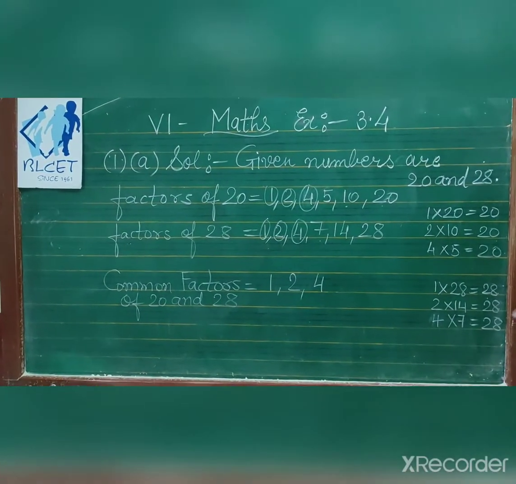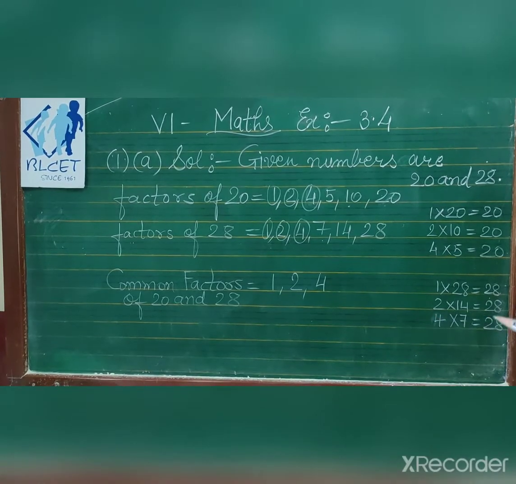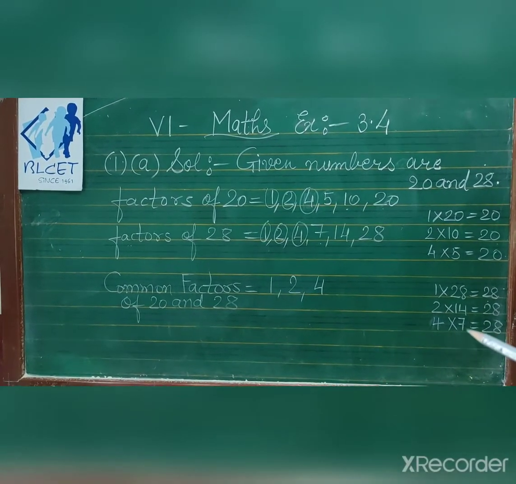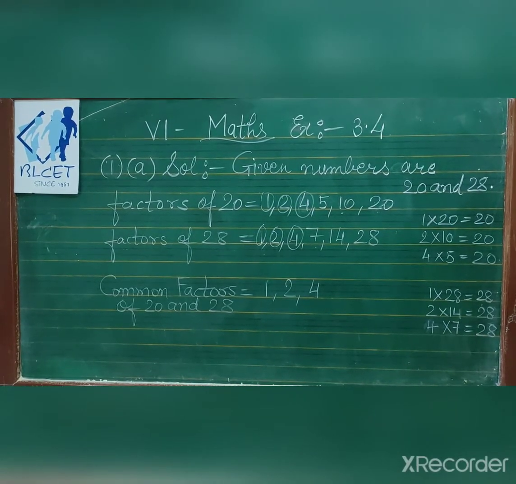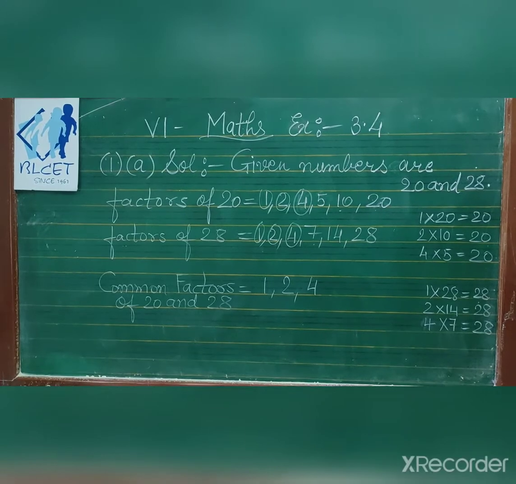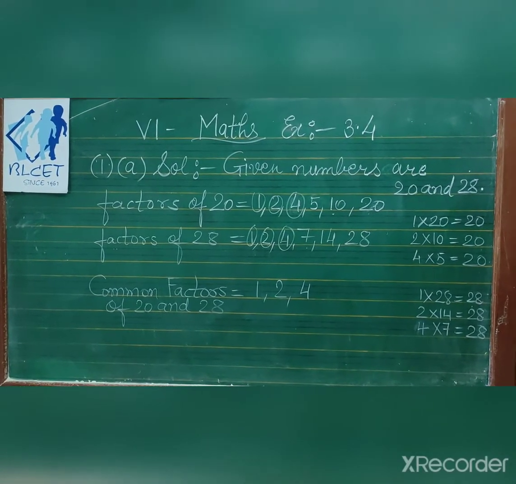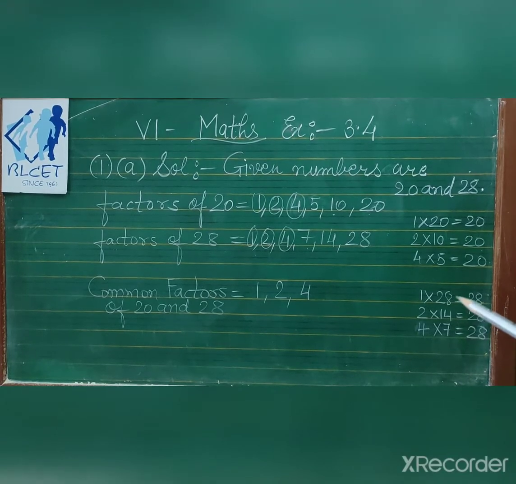Factors of 28: 1 into 28, 2 into 14 is 28. Then 28 is not divisible by 3, then 4, 4 sevens are 28. 28 is not divisible by 5 or 6. Next number 7 already written. So 1, 2, 4, 7, 14, 28.